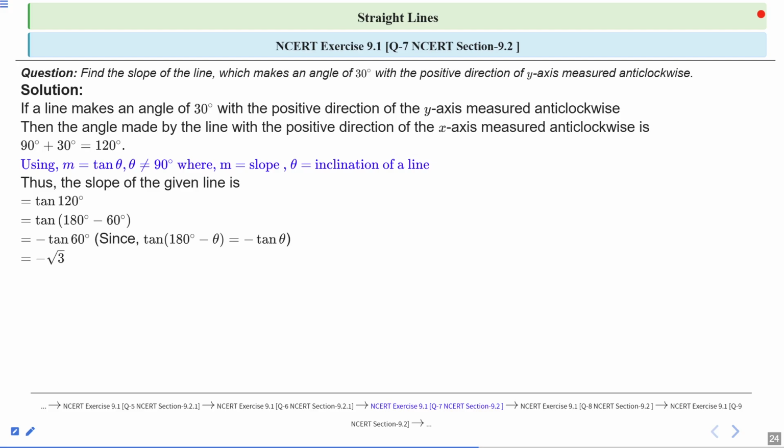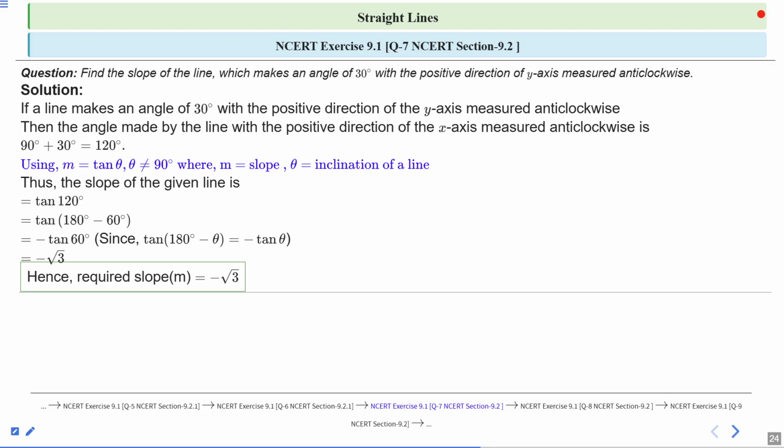So tan 120 degree is equal to minus root 3. Hence, the required slope is minus root 3. So the slope of the line which makes an angle of 30 degree with the positive direction of y-axis measured anti-clockwise is minus root 3. Okay, clear? I think it is clear to all of you.